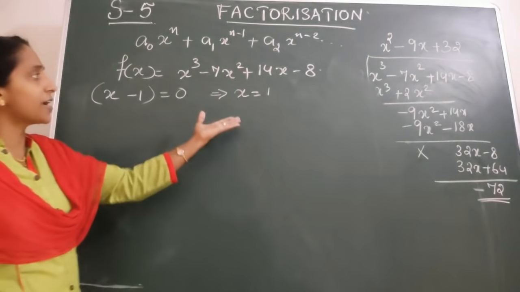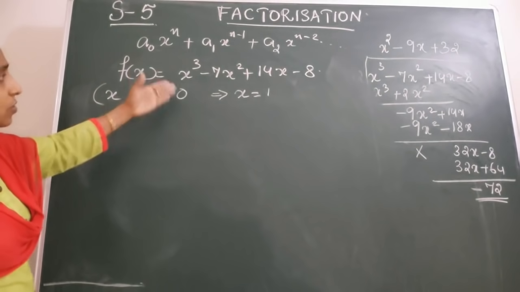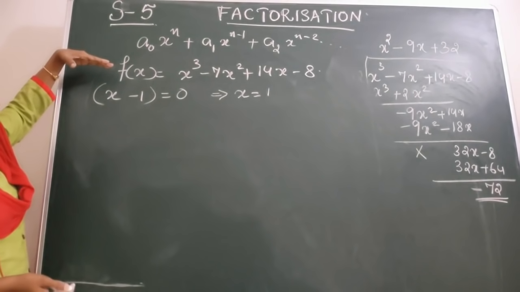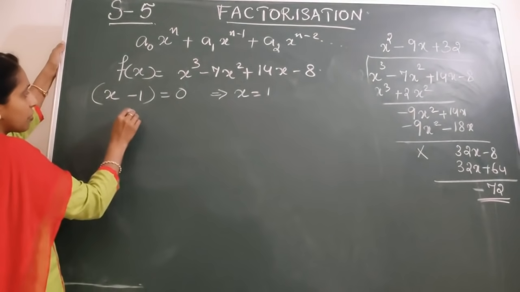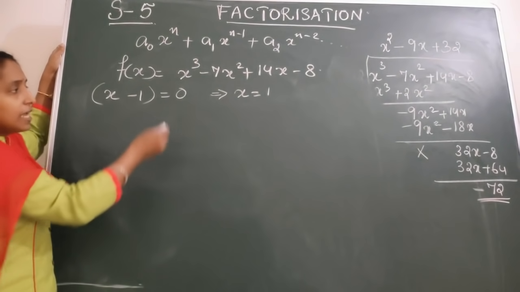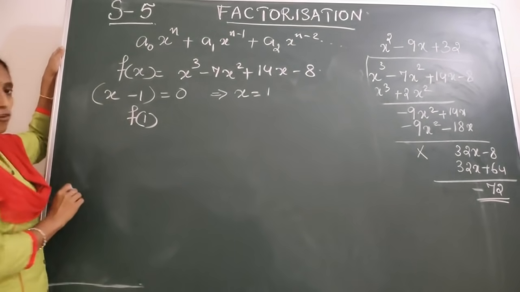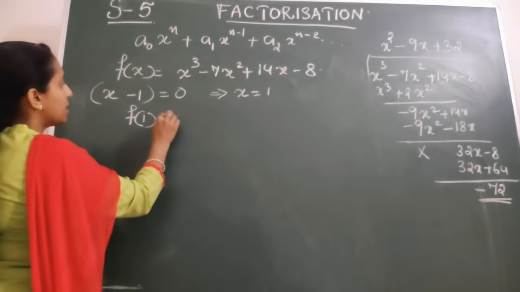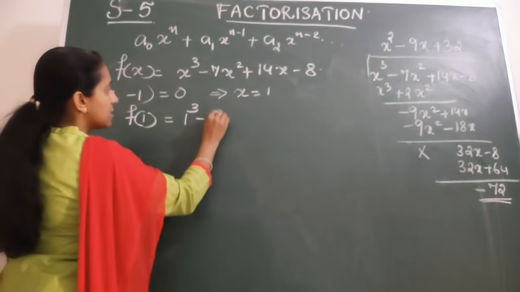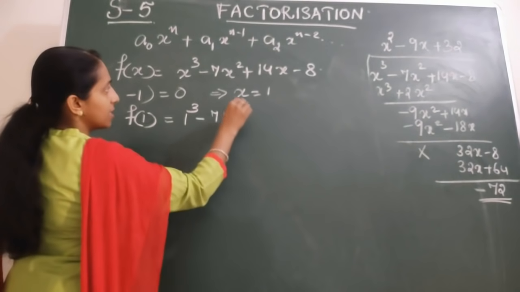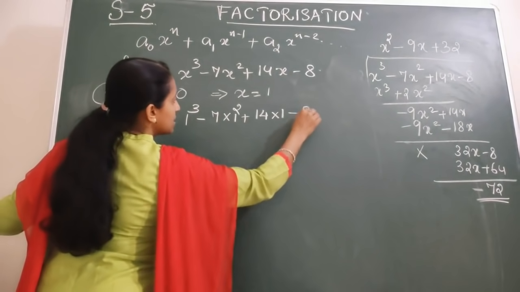So how can you find out whether it is a factor or not? We will substitute it in the polynomial. That means f of x is given. In the place of x, you have to substitute 1, so f of 1. F of 1 will be equal to 1 cube minus 7 into 1 square plus 14 into 1 minus 8.